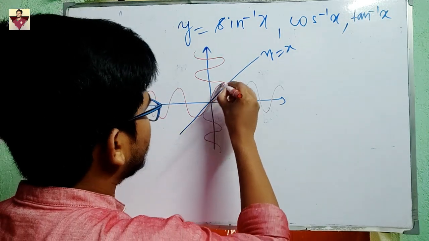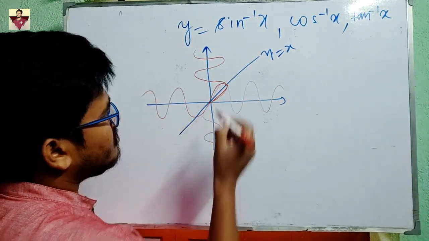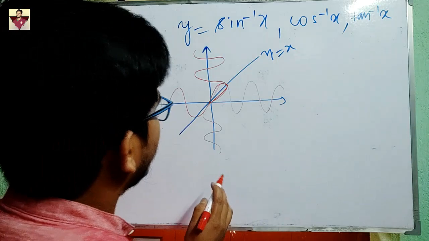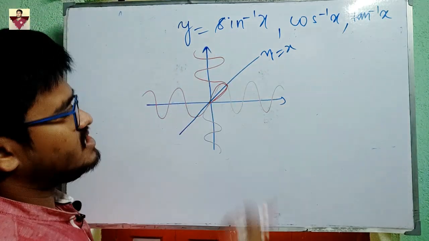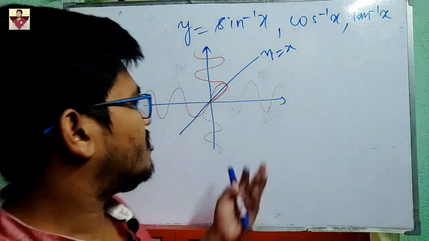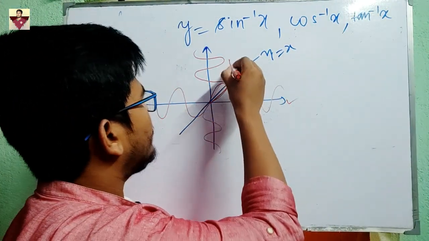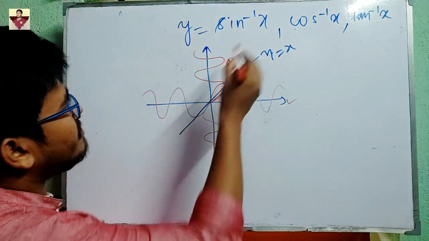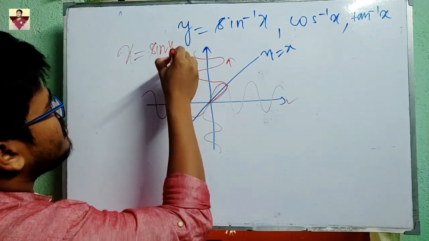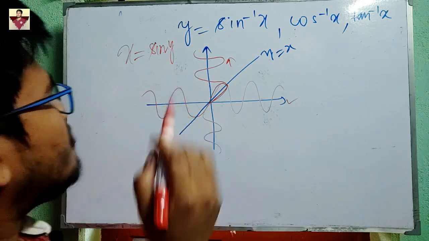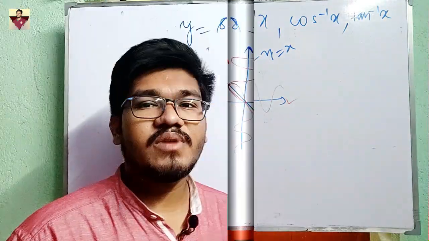We can see the mirror image of this portion is here. Similarly think of the mirror image of this region also in this region, then it will be exactly the mirror image of this curve. Or similarly you can also write from here that x equal to sine of y, then the variation of the sine function will be along the y-axis. So you can also think in that way.